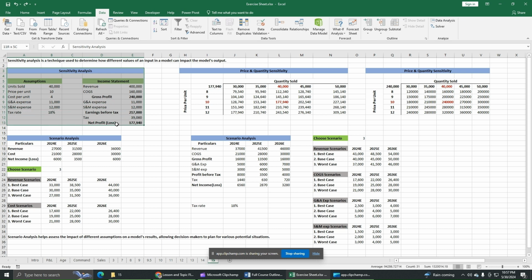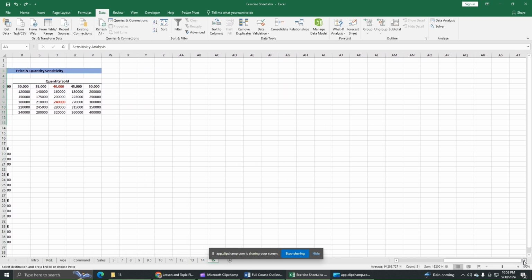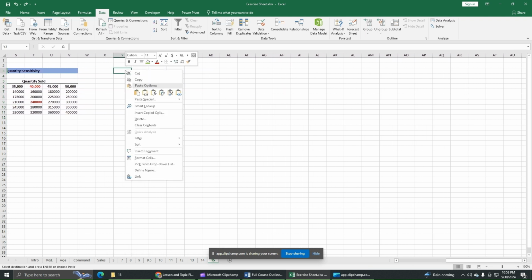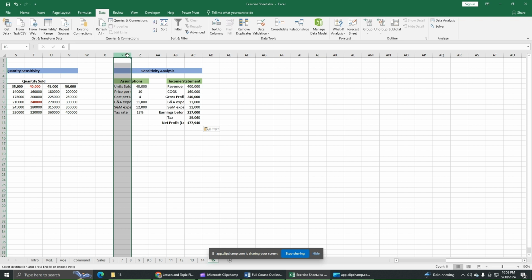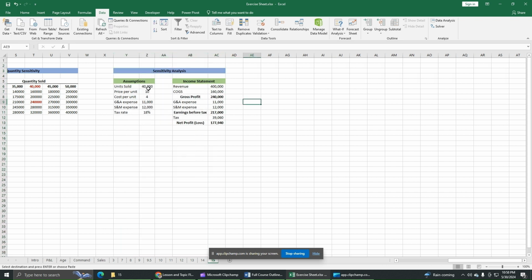I am copying this data again, pasting here, resizing the columns. All right. So this is our data: units sold, price per unit, cost per unit, some expenses, tax rate, and this is the income statement based on this data.